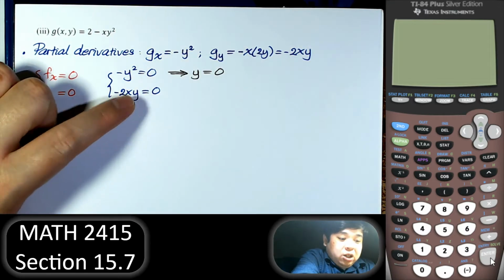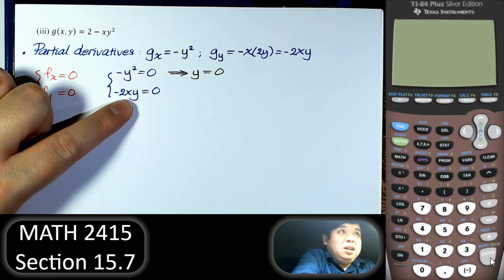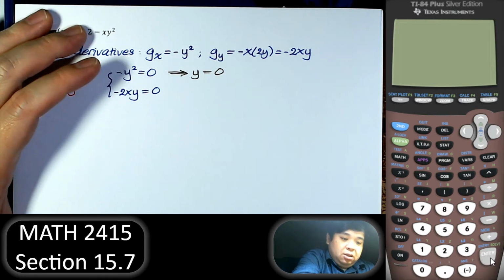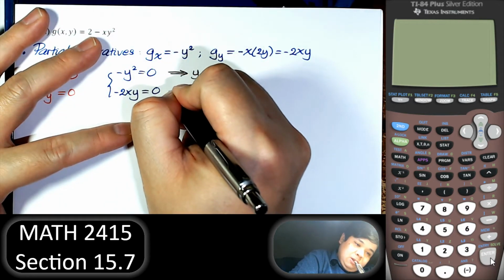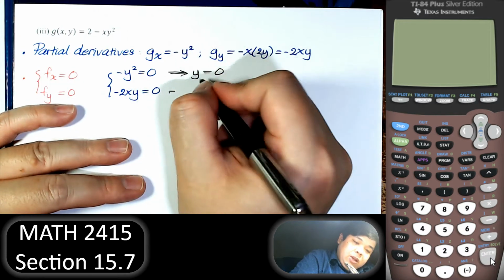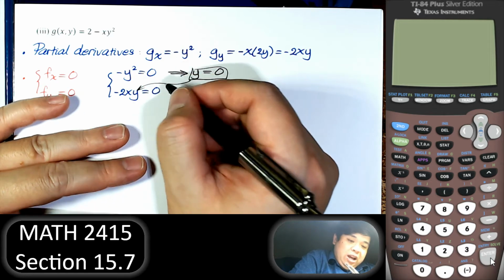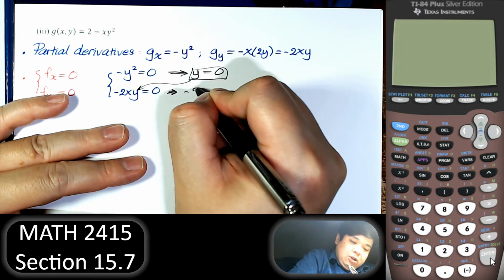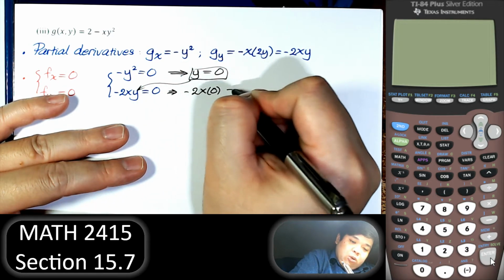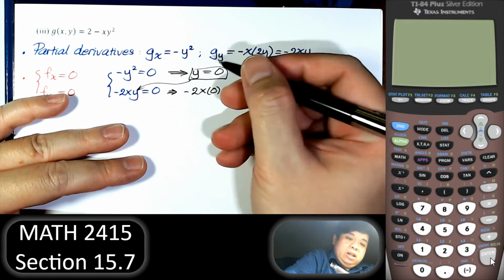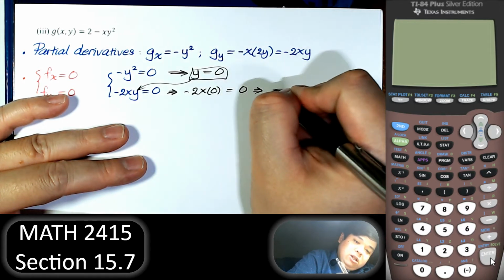Now if y is equal to 0, x can be anything. If we substitute that in here, we have negative 2x times 0 equal to 0. So x is arbitrary, so x can be any real number.